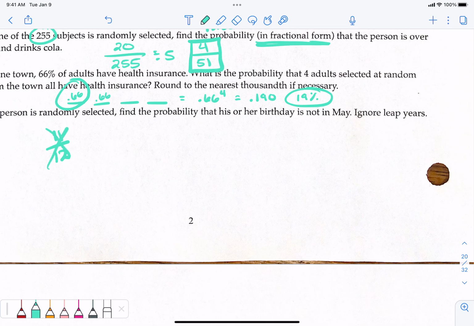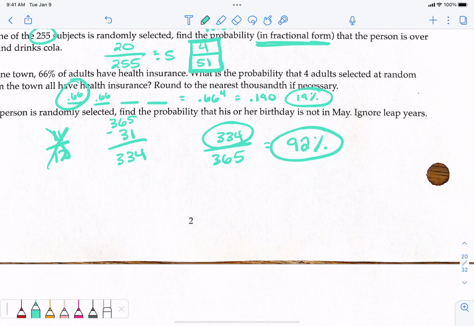How many days does May have? 31. So what did you do? Subtract that from 365, so 334 out of 365. Days that are not in May are 334 out of 365. It's about 92%. Perfect.